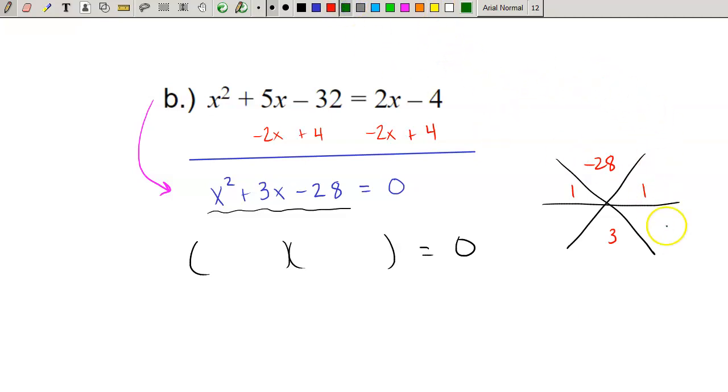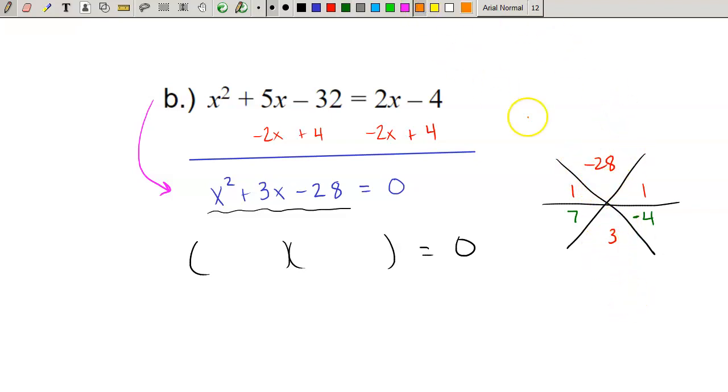There's several things there, but I'm going to go with 7. I know 7 times 4 is 28. I want to make it negative, so I'm going to make the 4 negative, right? Because I want to add up to 3 here. So 7 plus -4 is 3, but 7 times -4 is also -28. Both of them are working.